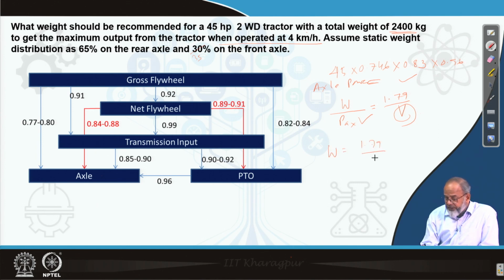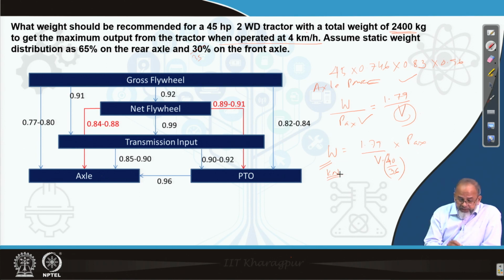V is your 4 km per hour, so 4000 by 3600, 1.11 meter per second. So this into P axle will be the dynamic weight, given in kilonewton.